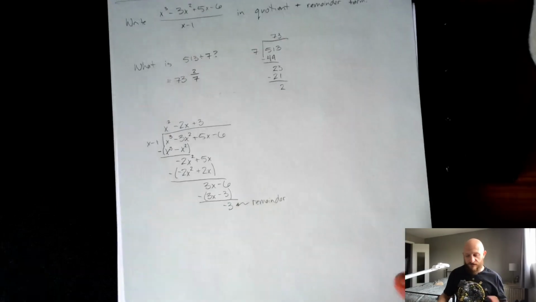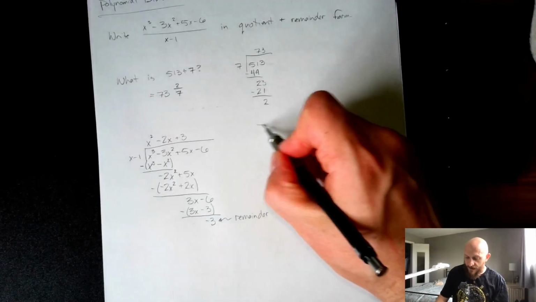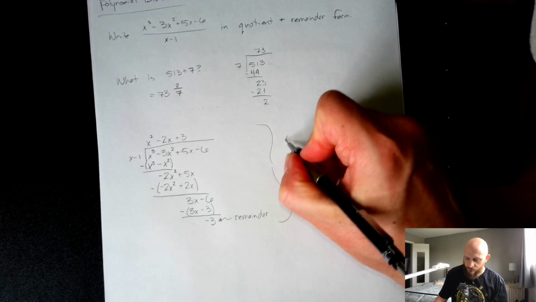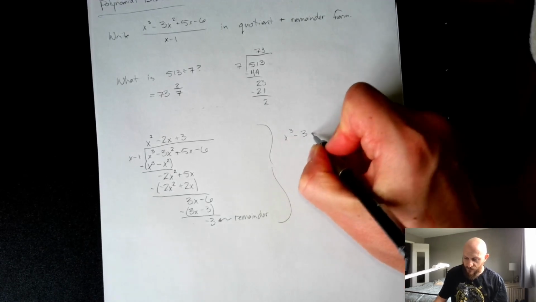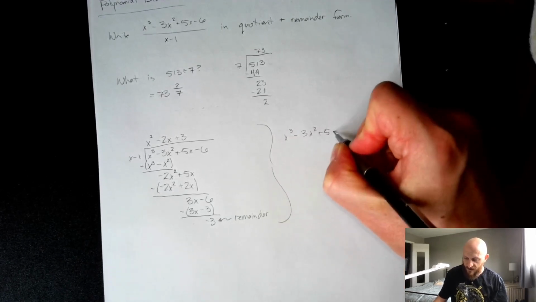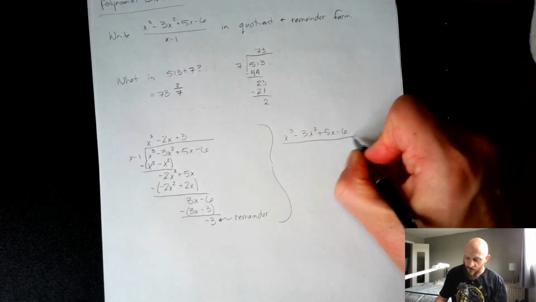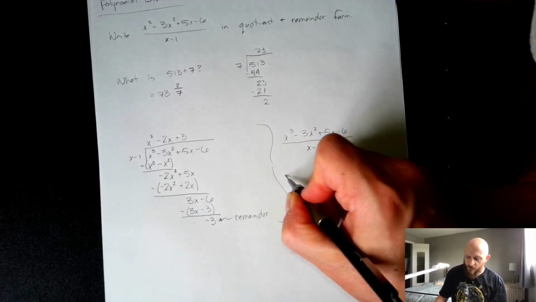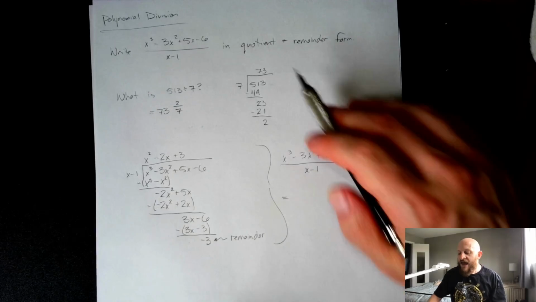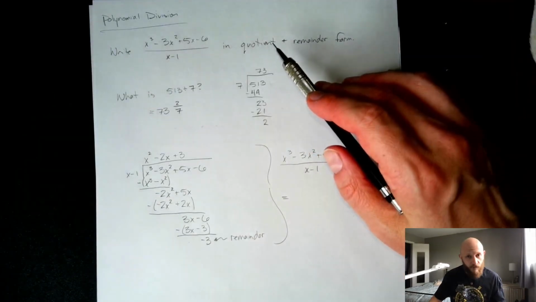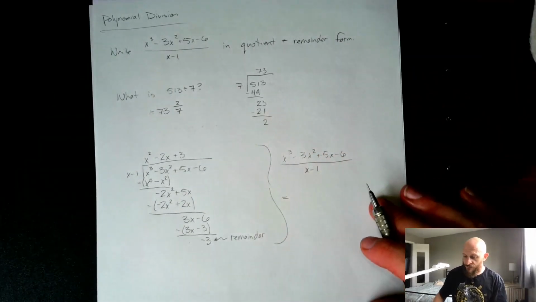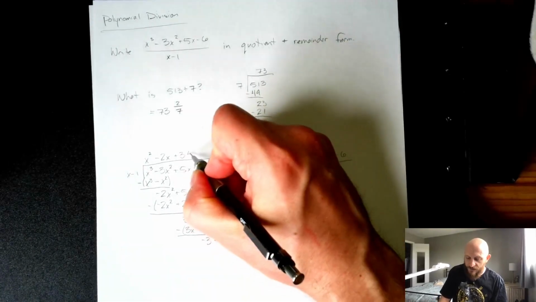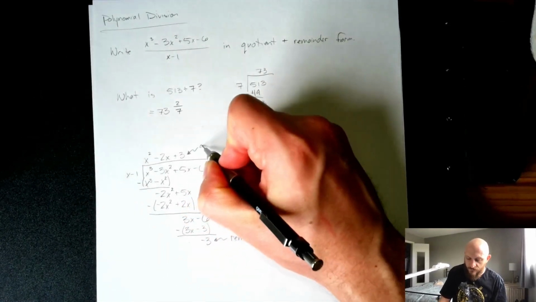So what is all of this saying? This is all saying that x cubed minus 3x squared plus 5x minus 6 over x minus 1 equals, and we've been asked to write this in quotient and remainder form. So quotient and remainder form is, well, this top piece up here, this is the quotient.